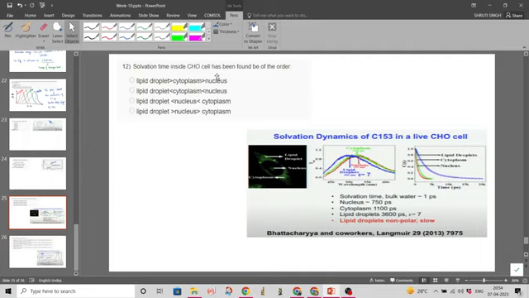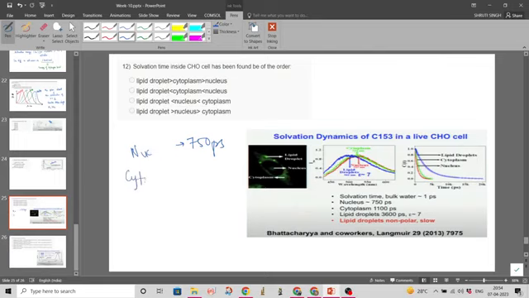Here in the lecture it has been discussed the solvation dynamics of C153 in the live CHO cell, and we saw that the solvation time for nucleus was 750 picosecond.